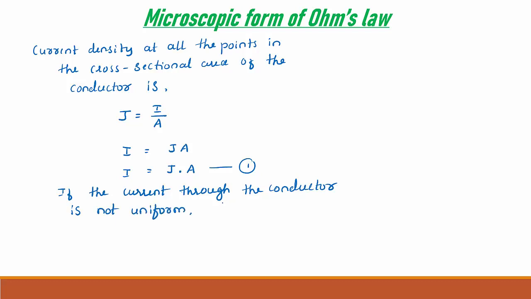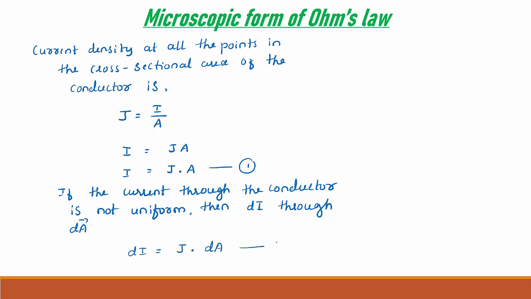Small current means I can take it as dI, and the small area let us take as dA. Then the small current dI through the small area dA of the conductor can be written as dI is equal to J dot dA.